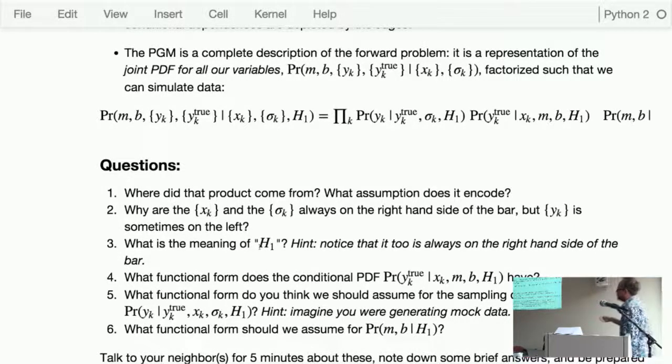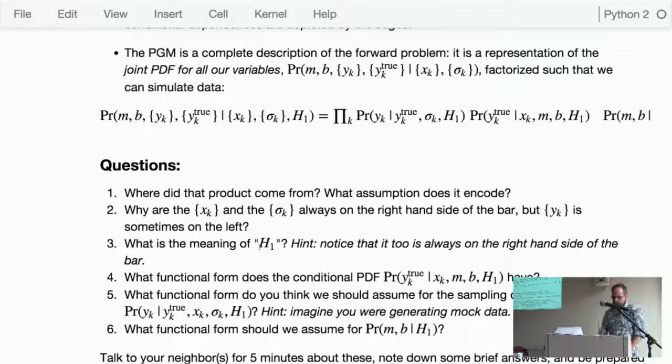So you saw this morning what joint PDFs look like. I've written out the joint PDF here for M and B and all the observed YKs and all the true YKs given XKs and sigma Ks that we're handed on a plate, and something called H1.